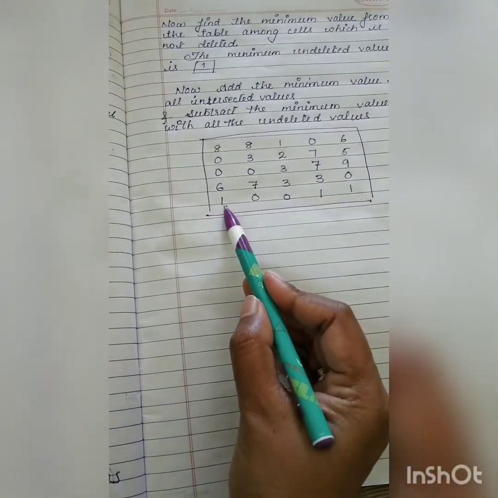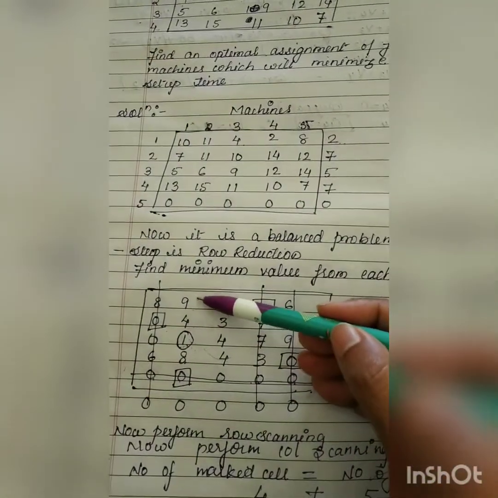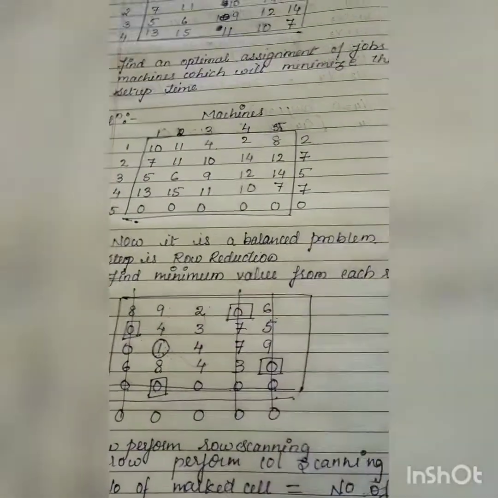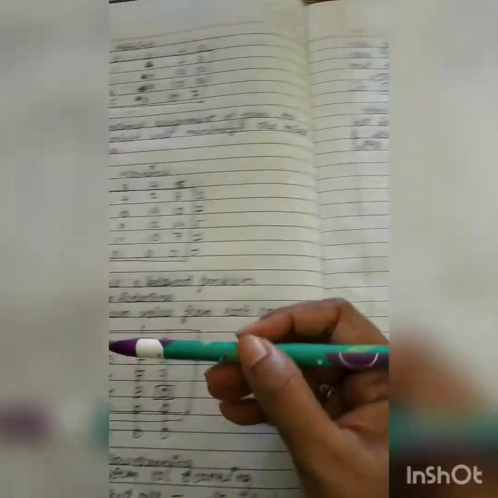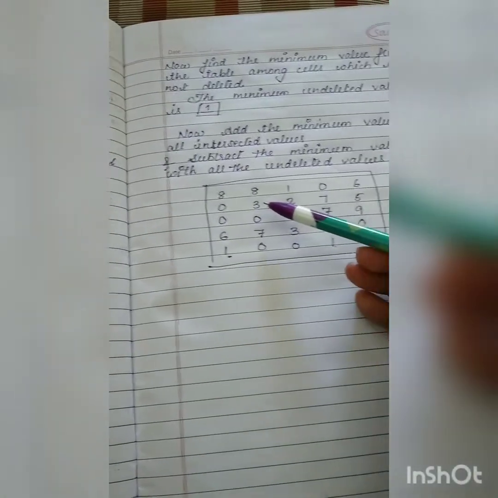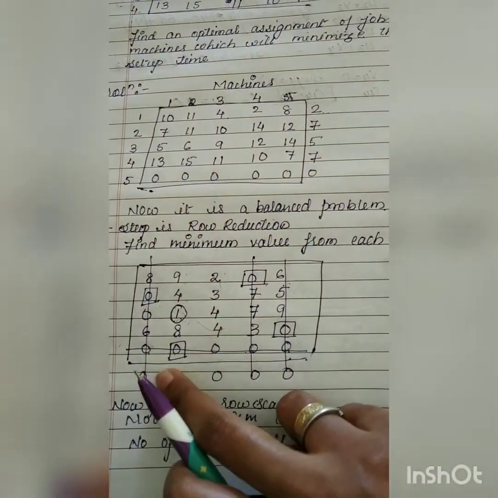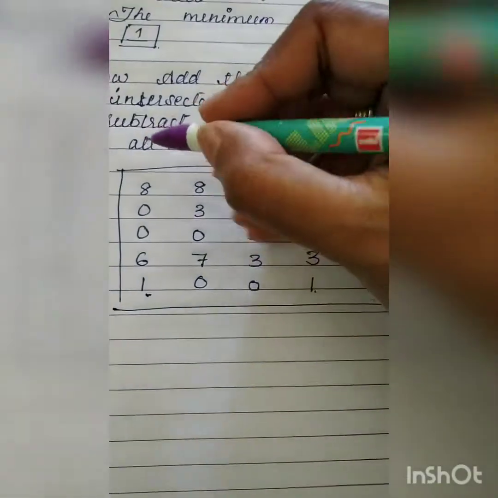So here it has added 1, 2 and 3. And 9 minus 1 is 8. 4 minus 1 is 3. So this is my table. You remember this column was already deleted. These 3 columns were already deleted, so I'll delete them.